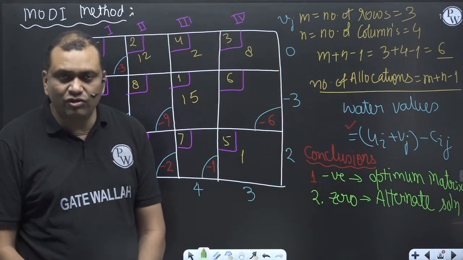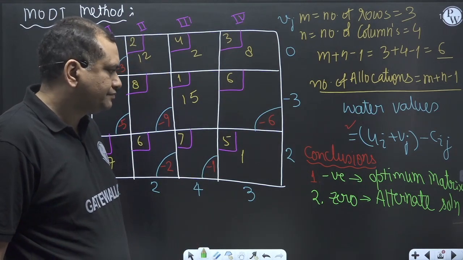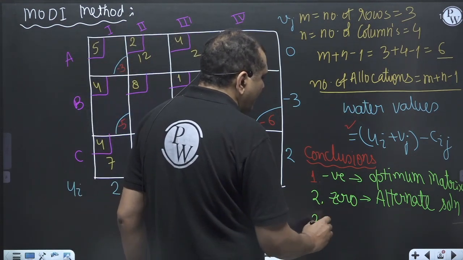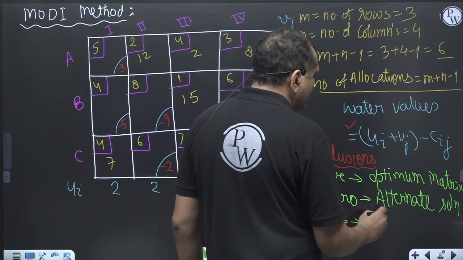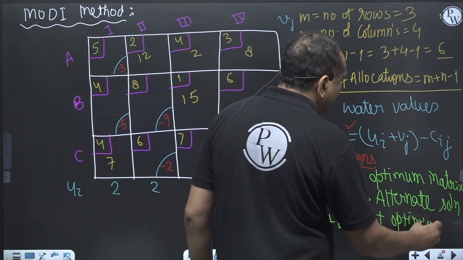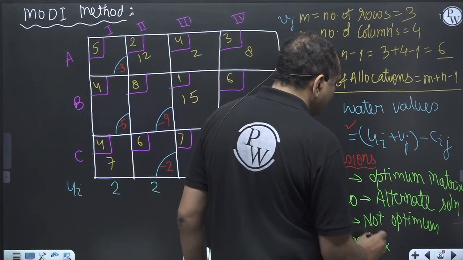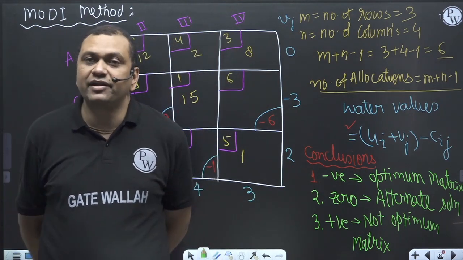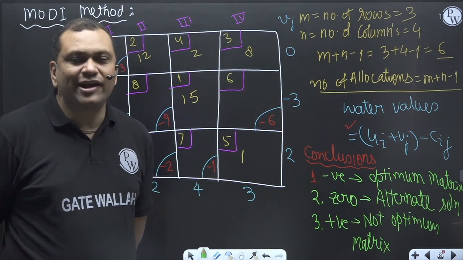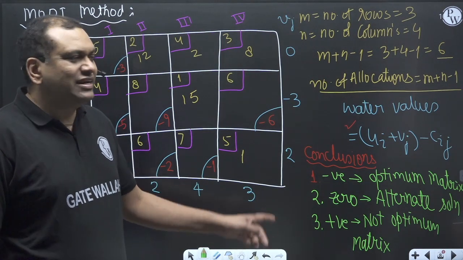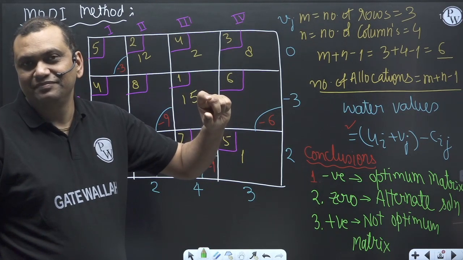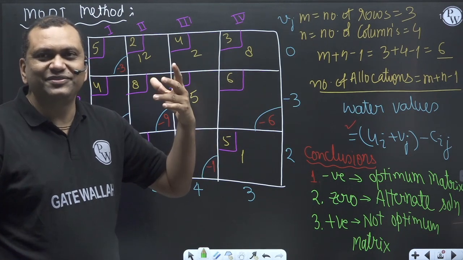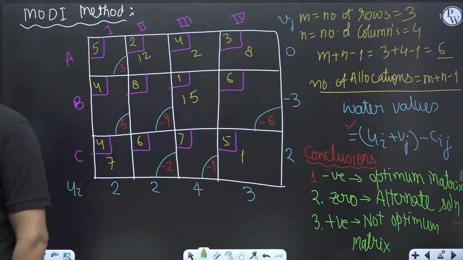But if any value is positive, it means it is not an optimum matrix, and further iterations are required to find the optimum value. That's how we find out whether the initial basic feasible solution that you have calculated is optimum or not. Correct? It was a very, very important discussion.